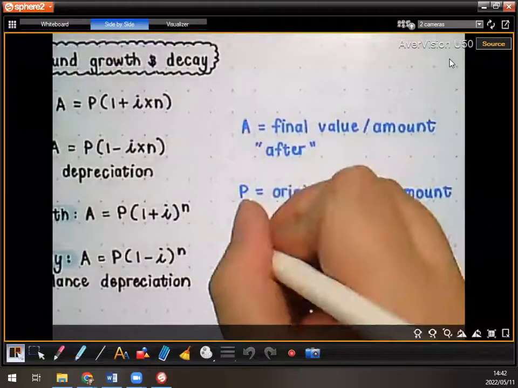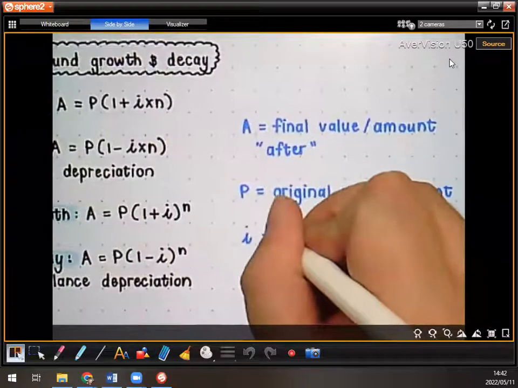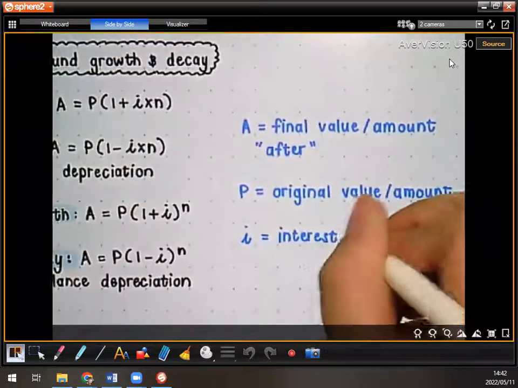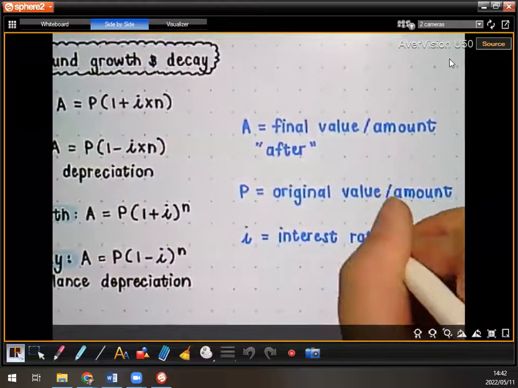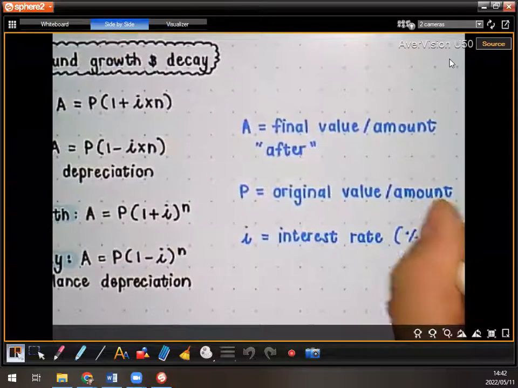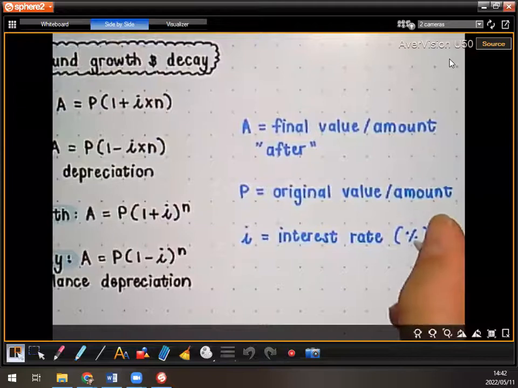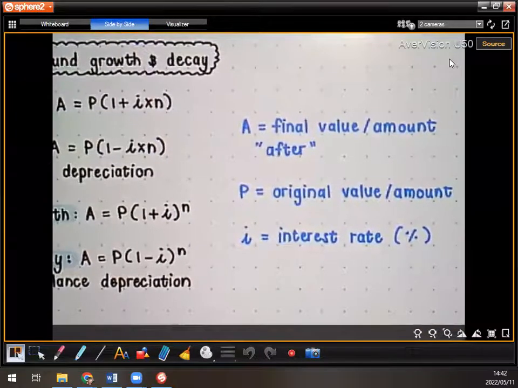All right, I is the interest rate. And that is always in a percentage. So far, we've only done annual interest rates, so like 5% per annum, per year.